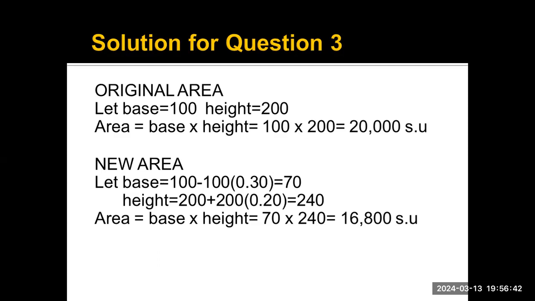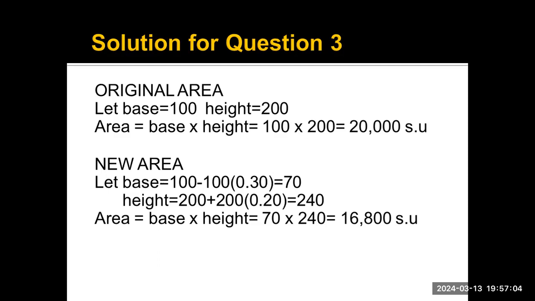That means, for example, I have 100 as my base. If the base is decreased by 30%, that means 100 is decreased by itself multiplied by 0.30, and that gives 70. That is the base of the new area.